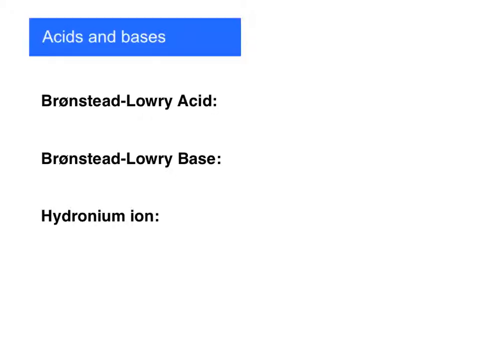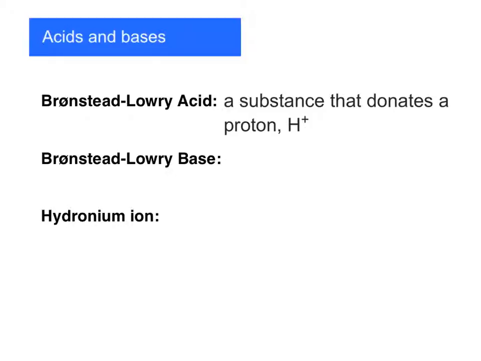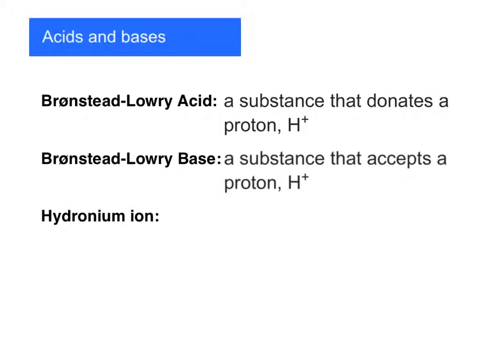So a Bronsted-Lowry acid is a molecule that can donate a hydrogen ion, or an H+. I'll also sometimes call that a proton because if you take the electron off of hydrogen, all you're left with is a proton. And a Bronsted-Lowry base is a substance that can accept an H+ ion. Okay, so frequently that contains an OH minus.